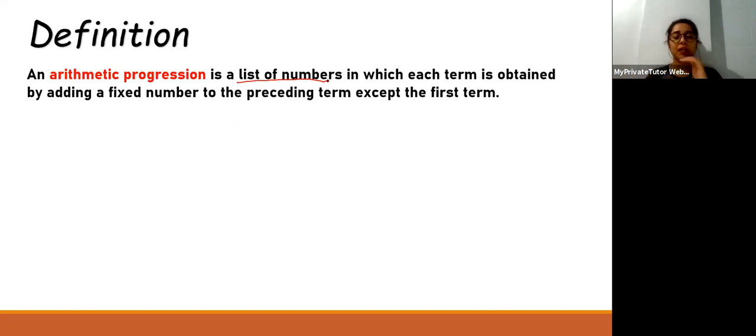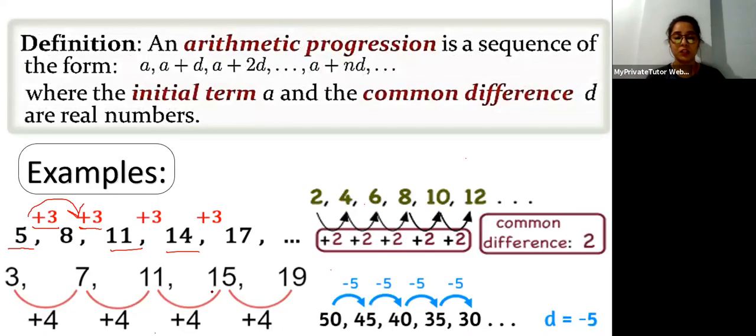If you see the previous examples, before 3 you don't have any number, or before 50 you don't have any number, right? So you don't have to subtract or do anything to the number previous to that, but after that number.